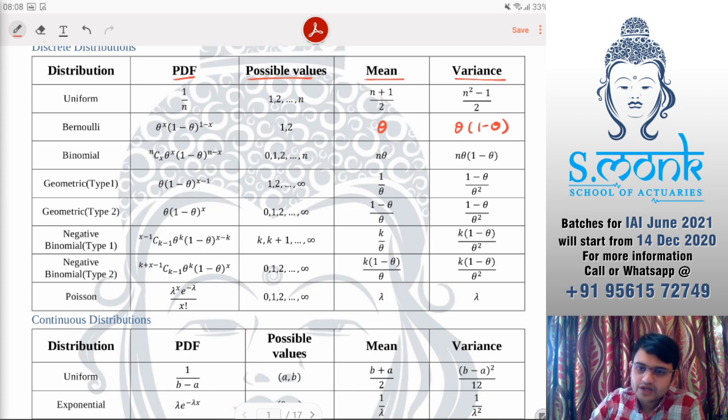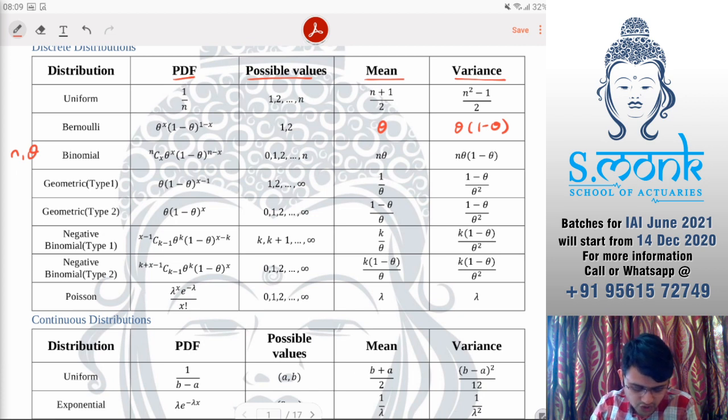Always remember, in your given information, if they have given you the total number of trials and the probability of success, so that means n is given and theta is given, and they are asking you to find the number of successes, then we go for binomial distribution.